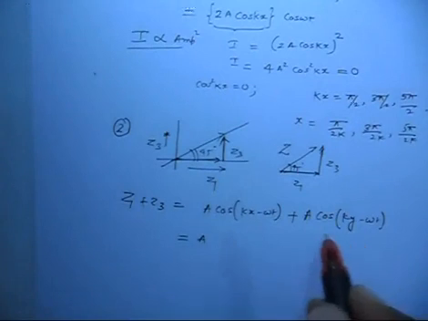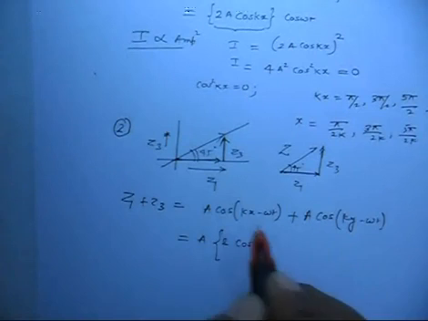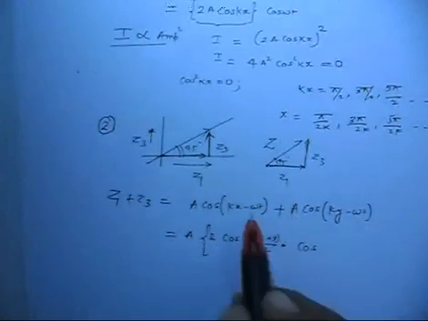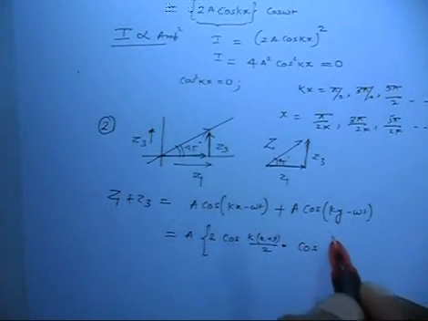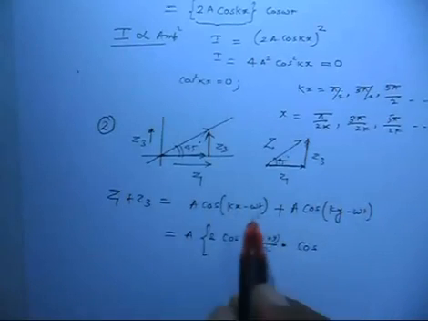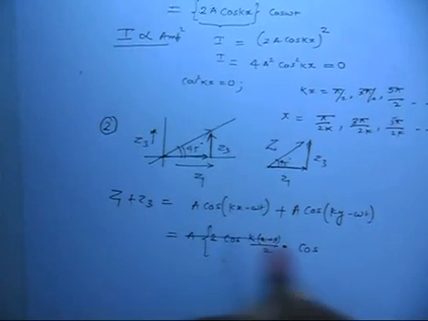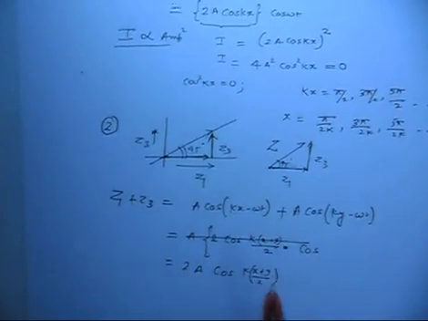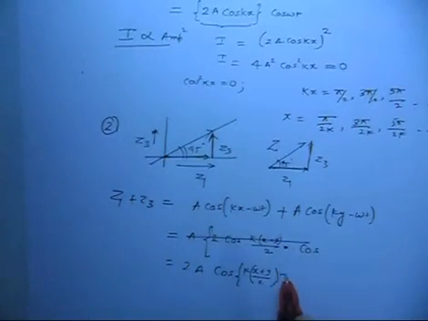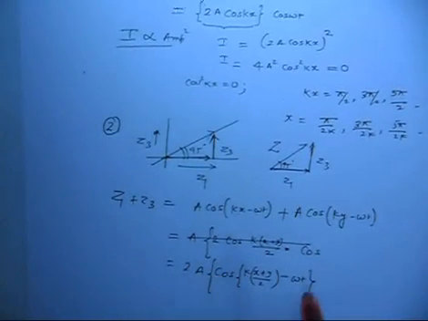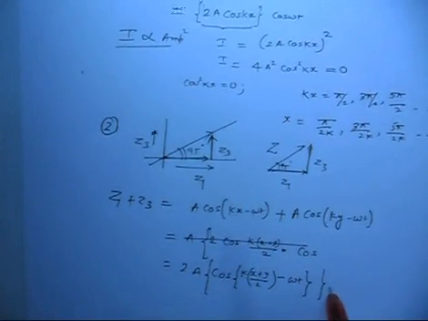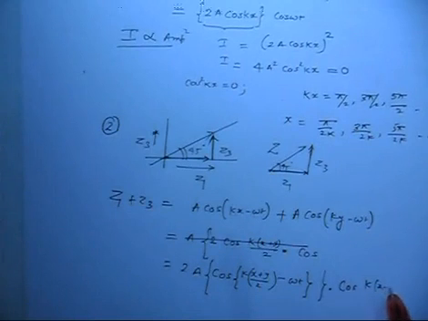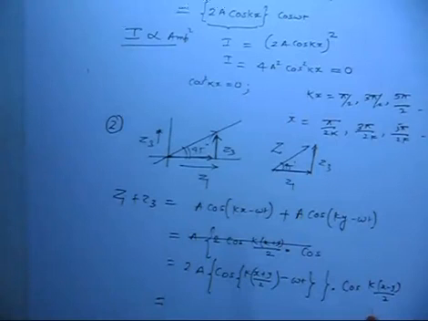Now if I take a common, cos A plus cos B becomes 2 cos((A plus B)/2) times cos((A minus B)/2). So we have 2a cos(k(x plus y)/2 minus omega t), and then cos(k(x minus y)/2), since the omega t terms cancel out in the difference.